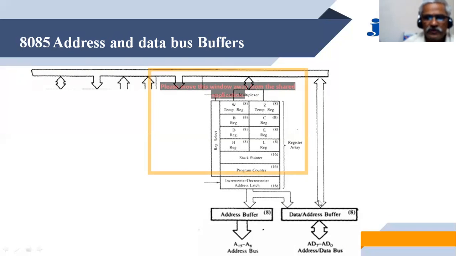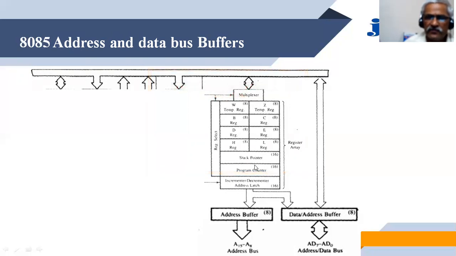How these two buffers are connected internally to the microprocessor system can be seen here in the diagram. The address is unidirectional. Hence, the address buffer direction is outwards. So, the incrementer and decrementer, as can be seen here, is 16-bit.